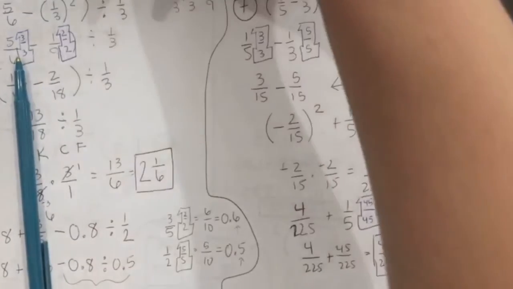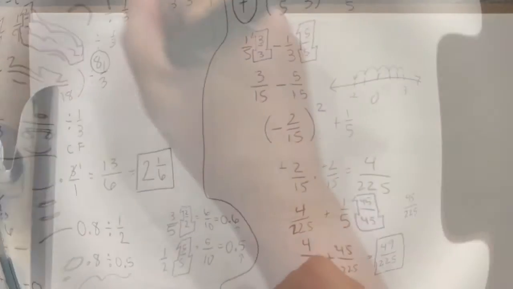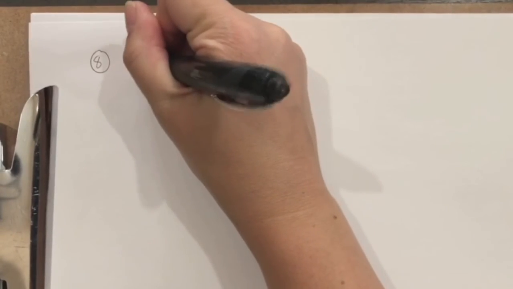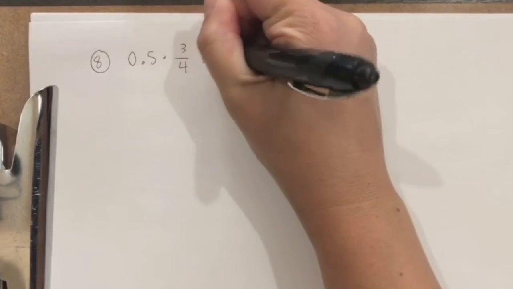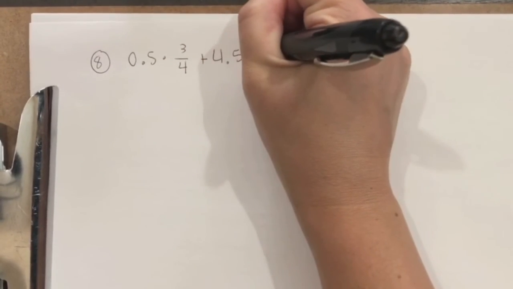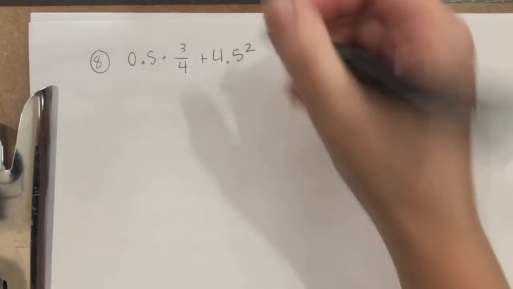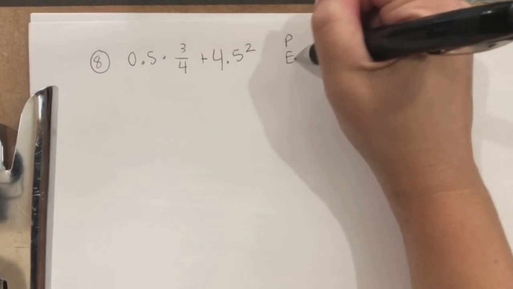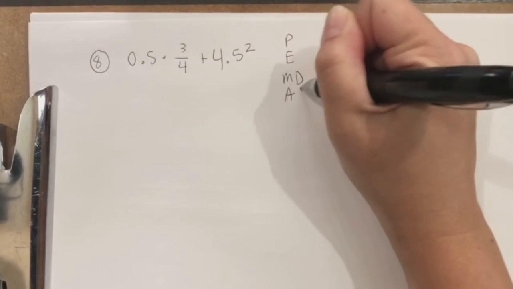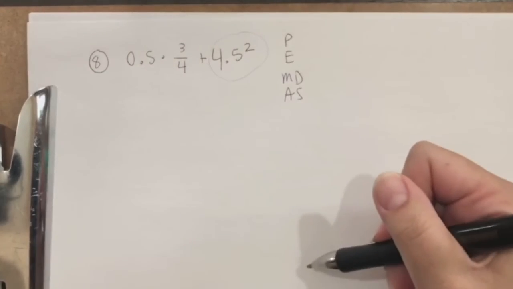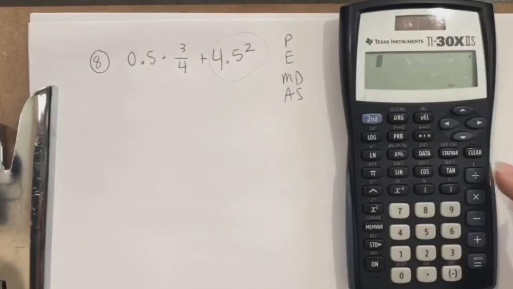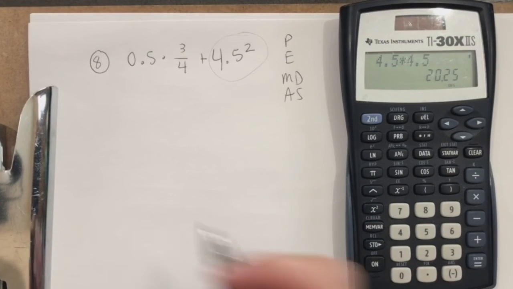All right, let's do number 8. 0.5 times 3/4 plus 4.5 squared. PEMDAS. There's no parentheses. We do have an exponent right there, so let's do the exponent first. 4.5 times 4.5 equals 20.25.